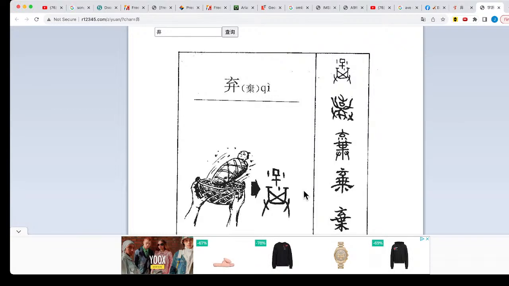Remember that in very ancient times, medical conditions were pretty poor. So stillbirth was quite common. A child is born, but the child is born dead. So that kind of happens quite often, and so people have to throw away, right, the dead infant.